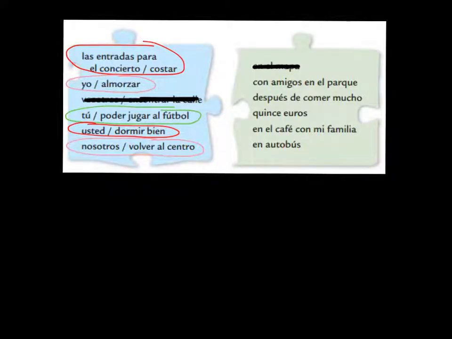Now we're going to do this activity where we take each of the verbs that are in the circles, and we're going to connect it with part of the rest of the sentence over here. For example, the first part says, las entradas para el concierto, and then we have the verb costar.